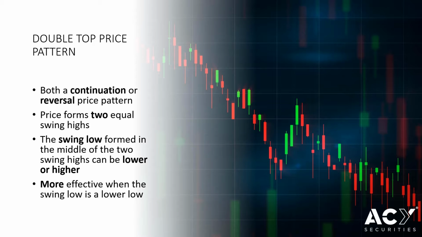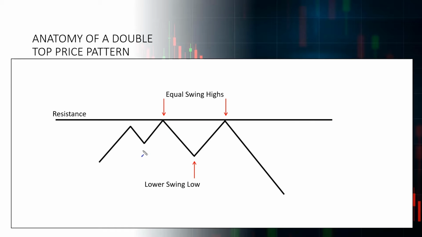Alright, let's get into the anatomy of a double top price pattern. So here I have an uptrend coming up, higher bottom, higher swing low forming here to a higher swing high. So you have an uptrend, then we fall down, form a lower swing low, we come back up and rally all the way back up to the last swing high.